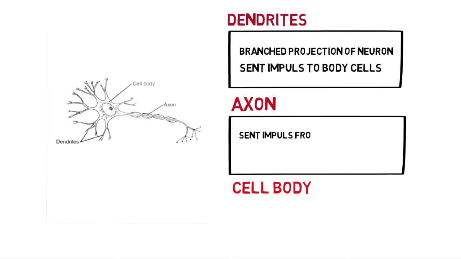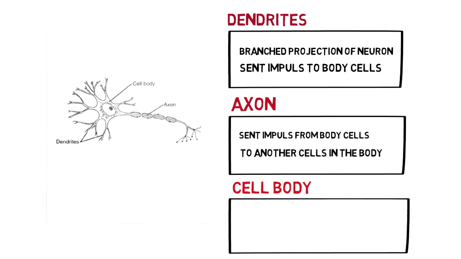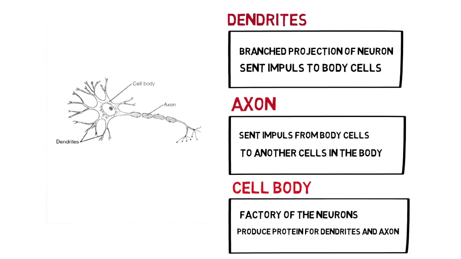Axon has a function to send impulses from the cell body to other cells in the body. And the cell body is the most important part. Its function is to be the factory of the neuron and produce proteins for the dendrites and axon.